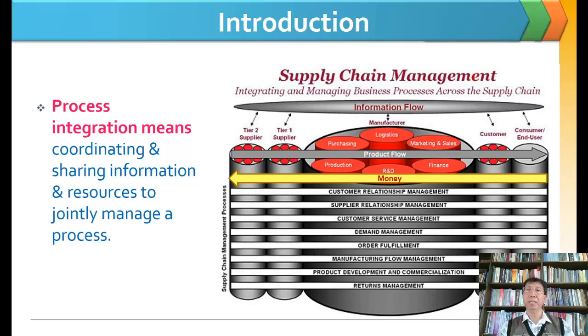The first is the information flow, from the upstream to the downstream. The second is the product flow, from the upstream to the downstream. And the third is money, which flows from the downstream to the upstream.